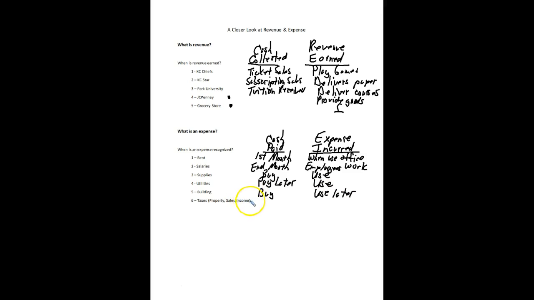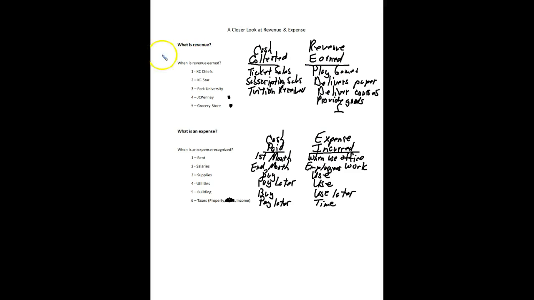And taxes, property, let's ignore sales tax, let's just do income taxes. That occurs over time, and we usually have to pay those later. Like income taxes are due, for business, March 15th, but for individuals, April 15th. So the point being is that it kind of depends when we pay it and use something, when we collect it and earn it, those can be at different times.